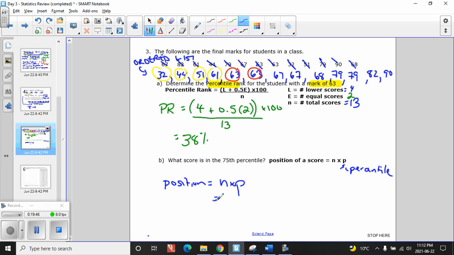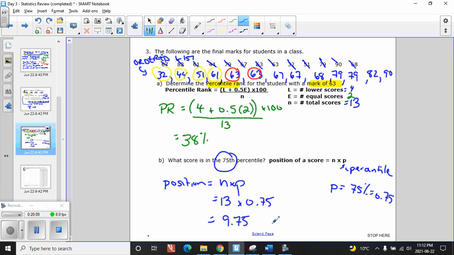There were 13 scores in this list, and the p-value, the percentile we're talking about, is the 75th. So I'm going to change that to a decimal to use in my equation. Multiplying those together, I get 9.75.